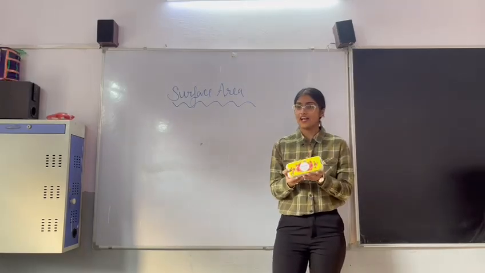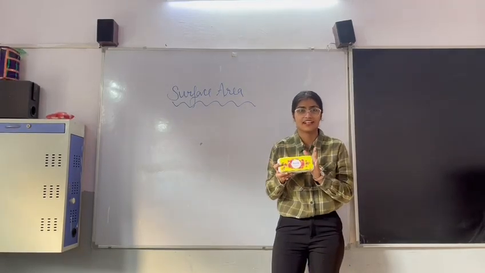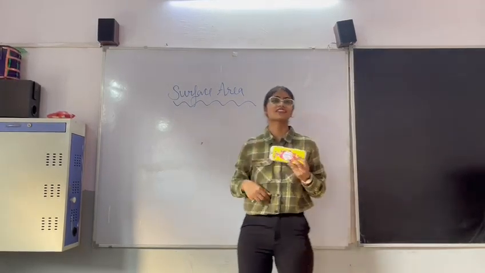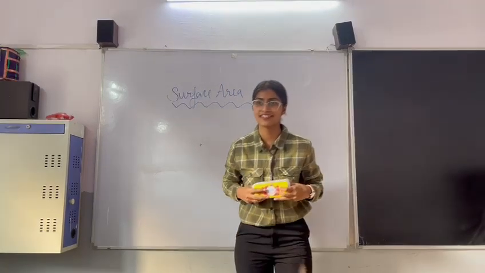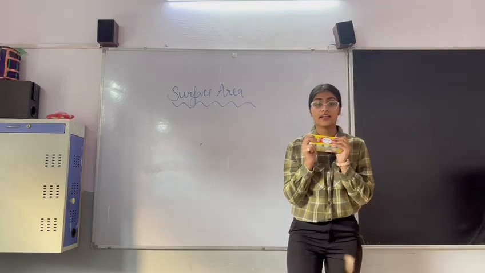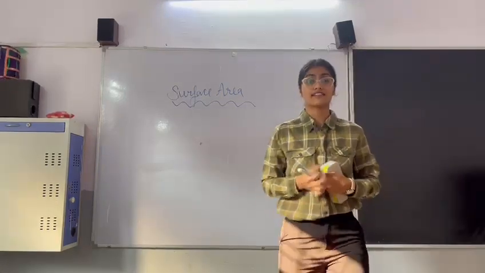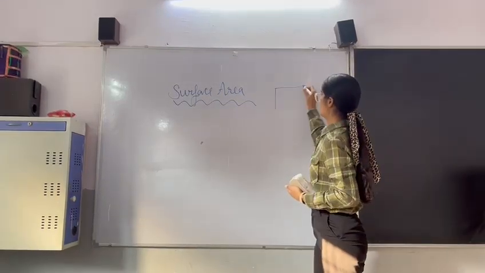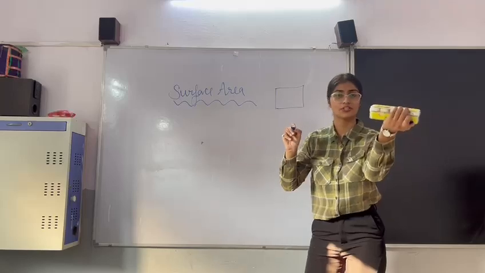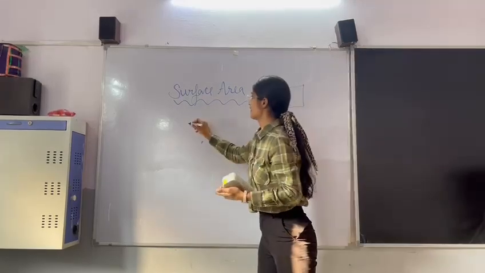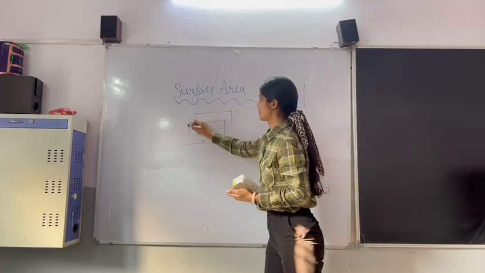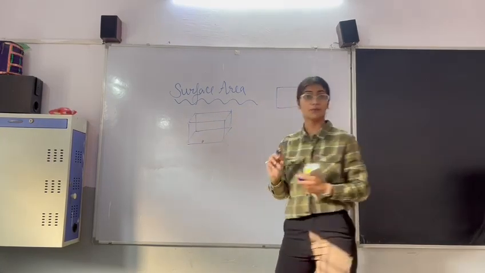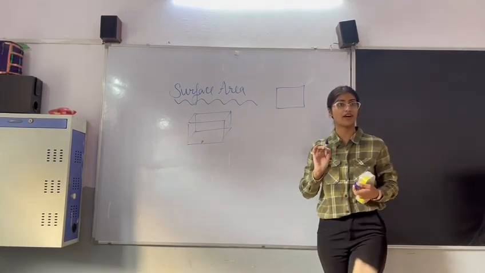So we are having 6 rectangles of it, correct? Now who is going to tell me the formula to find out the area of the rectangle? A rectangle is a 2D shape. And a cuboid is the 3D shape with 6 faces. I hope the shape is visible to everyone.